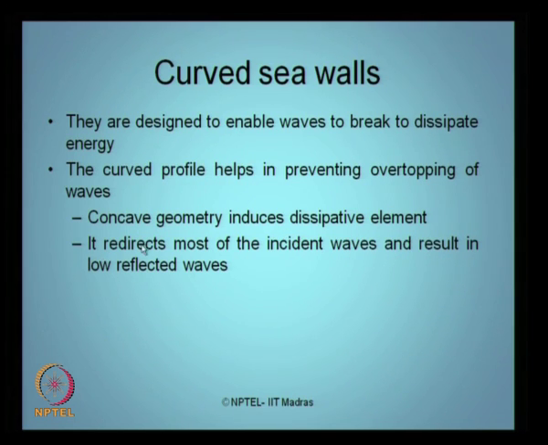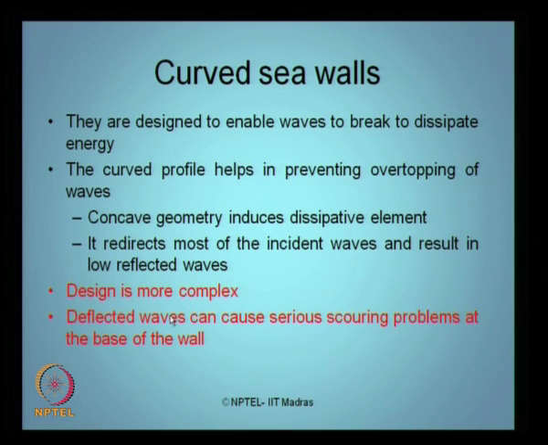It redirects most of the incident waves and results in low reflected waves. However, the design of a curved sea wall is more complex in nature. The deflected waves arising because of the concave geometry of the curved sea wall can cause serious scouring problems at the base of the wall.